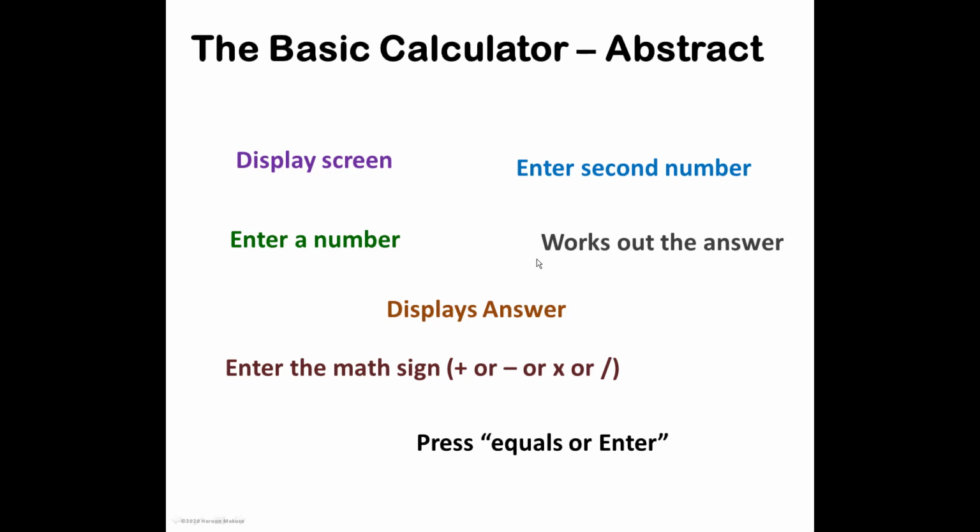Enter a number. These are the words that are important to us, okay? And it works out the answer, it displays the answer, and it also allows you to enter a math sign like a plus or a minus or x or times sign, asterisk, or a forward slash for divide, okay? Then you press equals or enter.